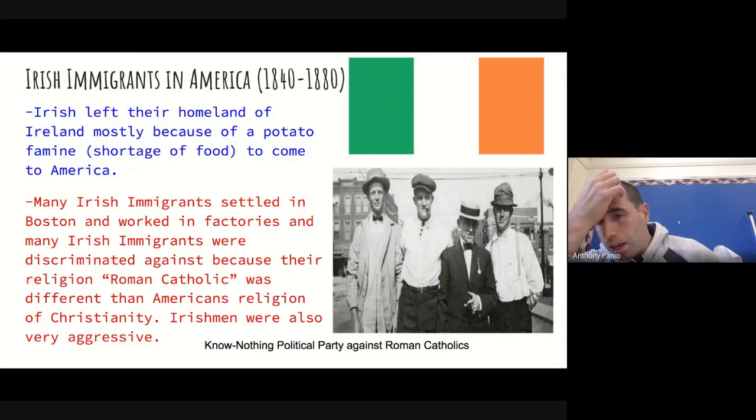And if you went back to history, many of these Irish immigrants that came in could speak English, but they had a very heavy accent. So since they had a very heavy accent, they were very tough to understand at times. So they were put to working very basic jobs in factories.